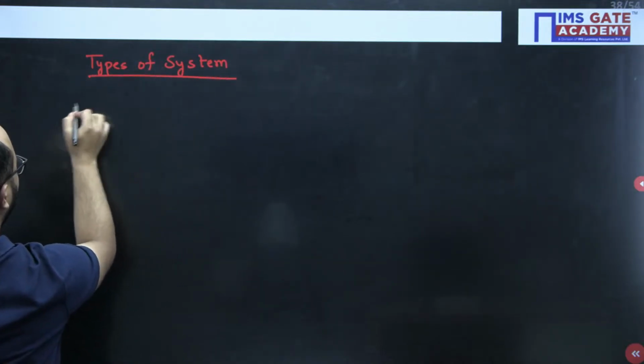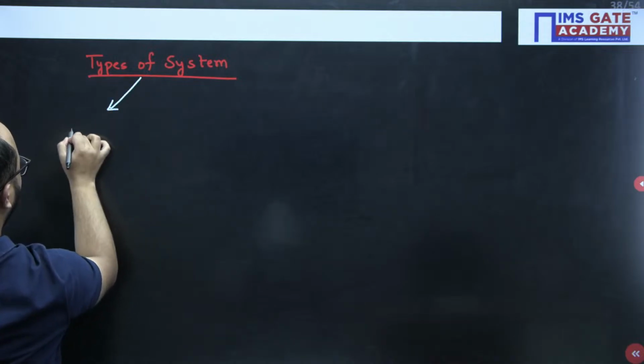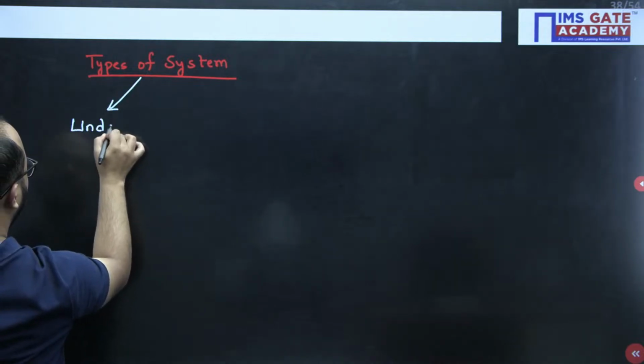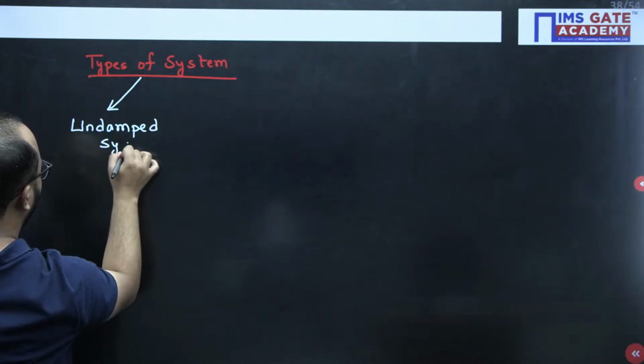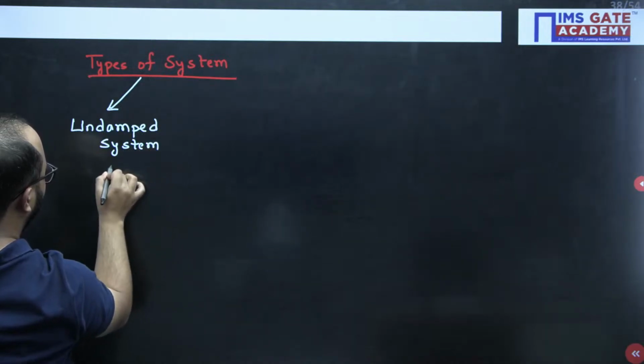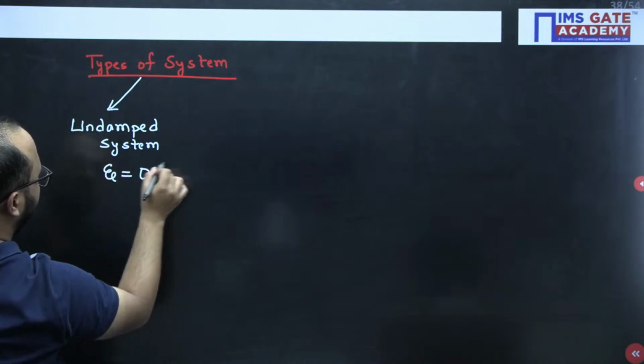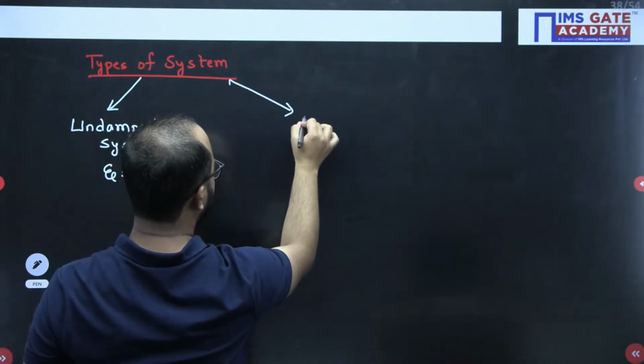First of all, we will have undamped, so the damping factor value is 0. Then the damped system.